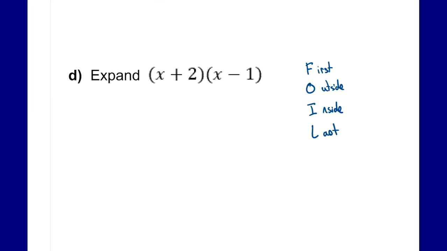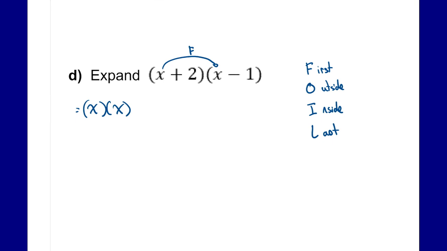So it's an acronym to help us figure out, when we're dealing with a binomial times a binomial, or two terms times two terms, what numbers we are multiplying. So first means we're going to multiply the first two terms. So we're going to have x times x.